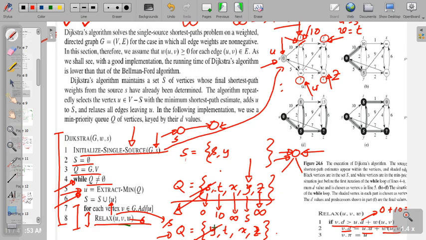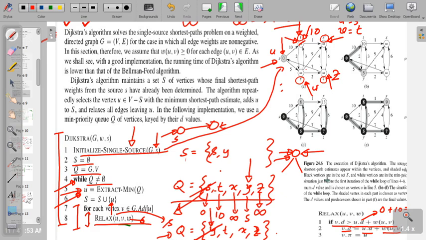Okay. So this Y has the minimum of all these nodes which we can reach from this source in a less costly way. So Y is the minimum one. That's why we have to take this minimum. This is a greedy algorithm going on.